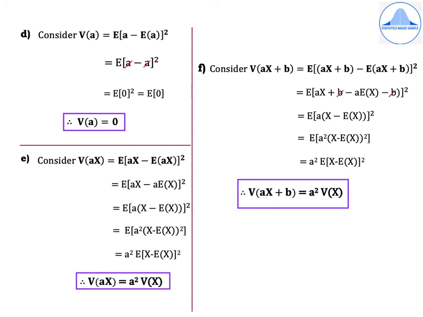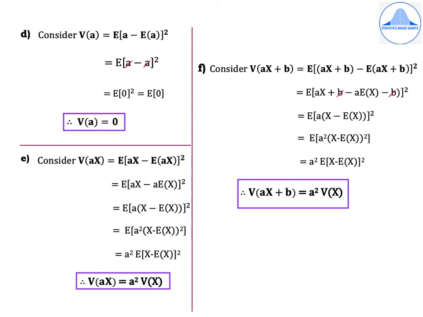Then you see that plus b and minus b will get cancelled, and what remains is only ax minus a E of x. Now using similar steps like we used for result 5, you have to take out a common. So the next step will be E of [a into (x minus E of x)] the whole square. Now square each of the terms which are there within the square brackets.